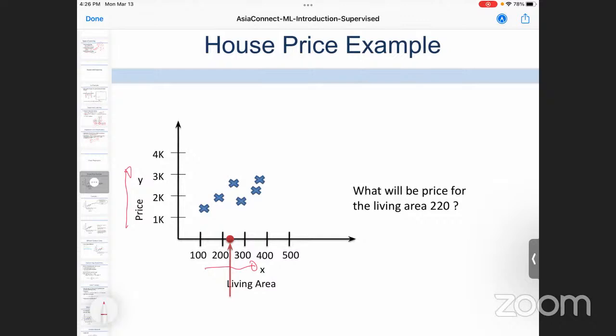Now, we have a query: what will be the price for the living area of 220? So how can I give the answer from this known data set?